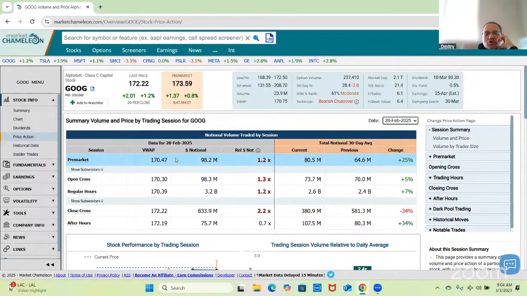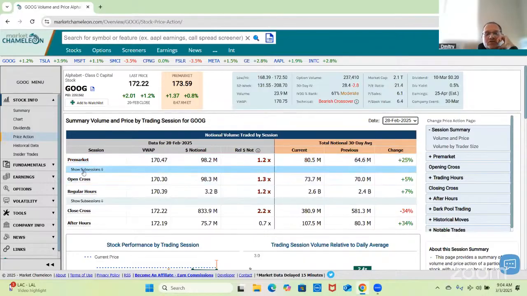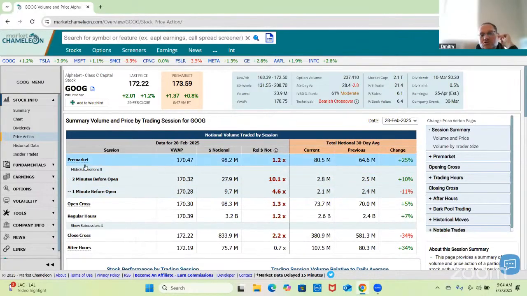In the pre-market, and here I have these two subsessions. In the pre-market, we're looking at a trading session that starts before regular trading hours.